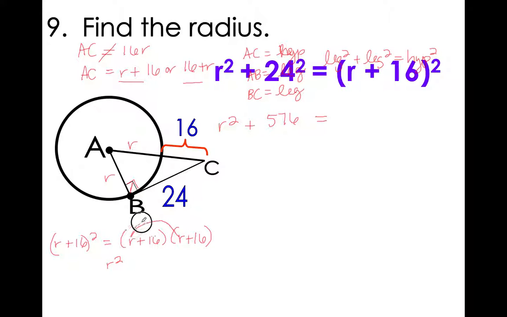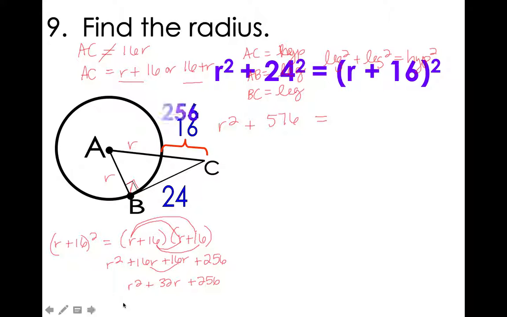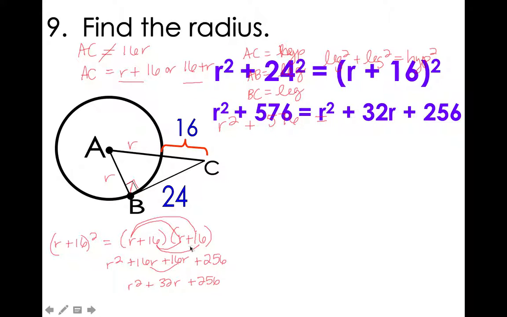Then R times 16, which is 16R. Then 16 times R, which is 16R. And then 16 times 16, which is 256. Combine like terms, and I end up with R squared + 32R + 256. That's what we get right there.